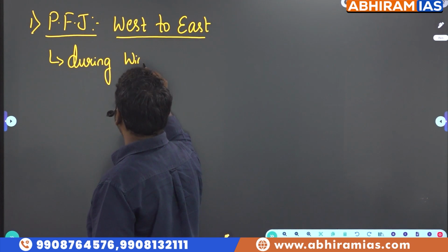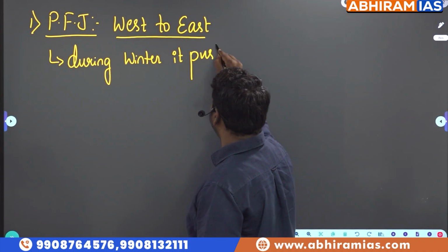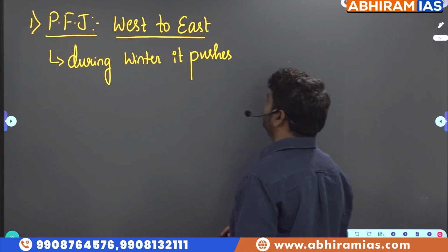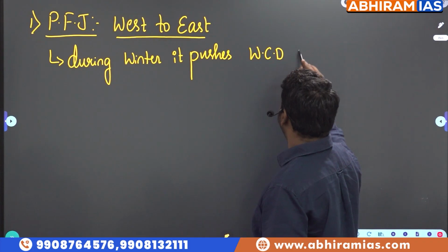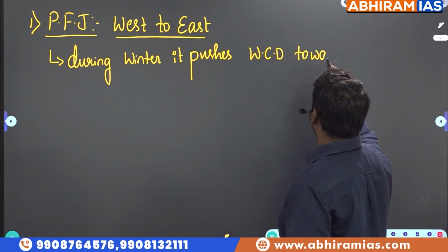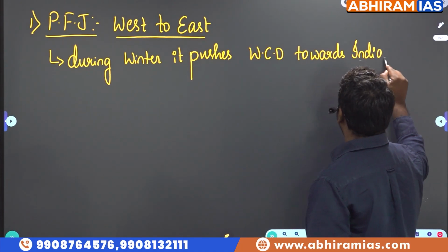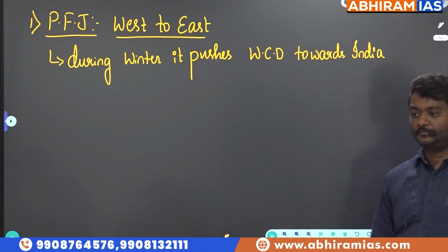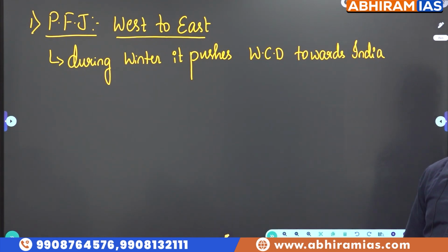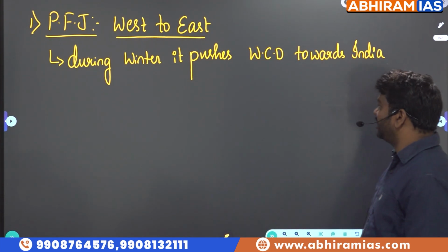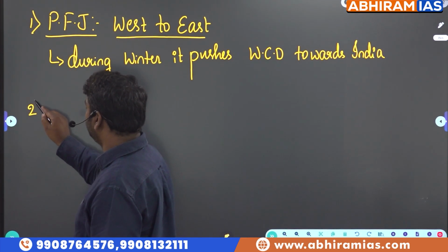During winter, it pushes western cyclonic disturbances towards India. It pushes western cyclonic disturbances towards India. So this helps in giving rainfall.